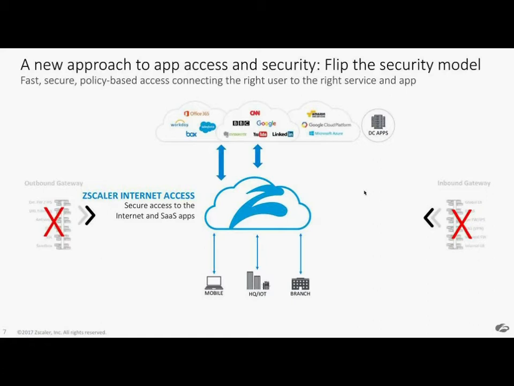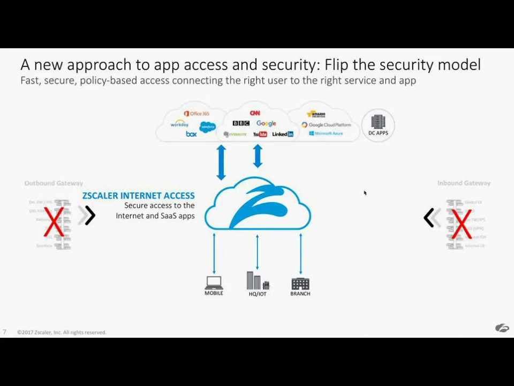And that platform enables you to send all of your internet-bound traffic, your outbound traffic, through our cloud service, where we provide functionality such as cloud sandboxing, SSL interception, next-generation firewalling, URL filtering, of course, and antivirus are standard functions on that, and all of the advanced threat protection. And Zscaler has been doing this for the last 9 years.